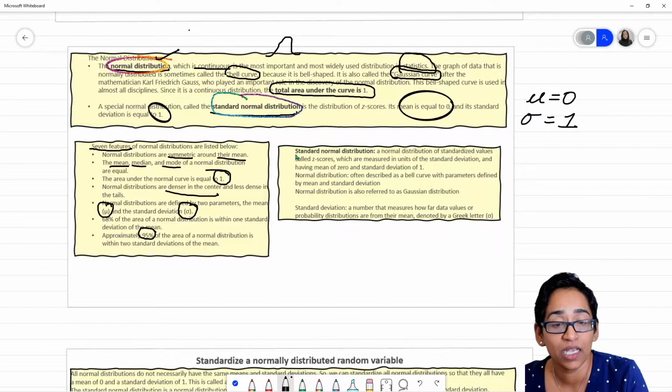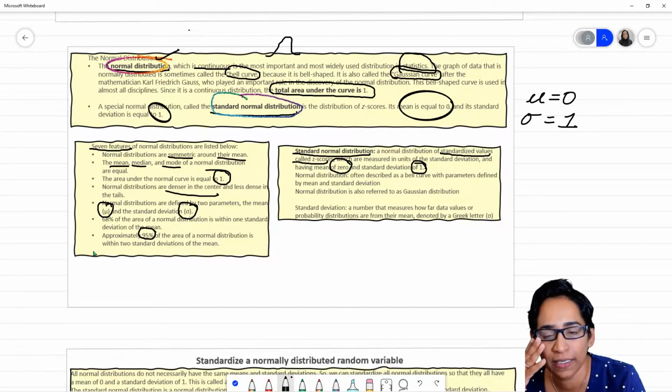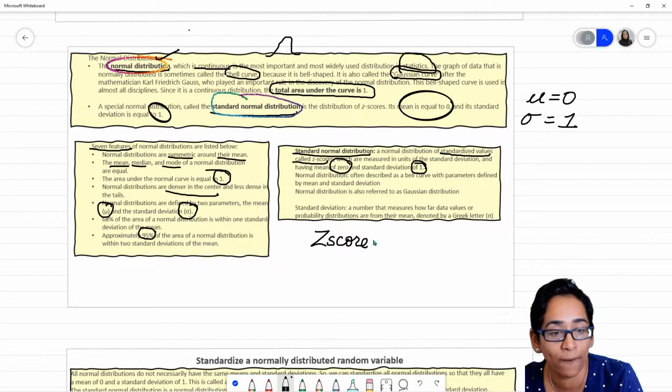So remember, standard normal distributions are standardized values called z-scores, which are measured in units of standard deviation, having a mean of 0 and standard deviation 1. So what does it mean? To find the distance in standard deviations, I always use something called a z-score. Z-scores are like a measurement.